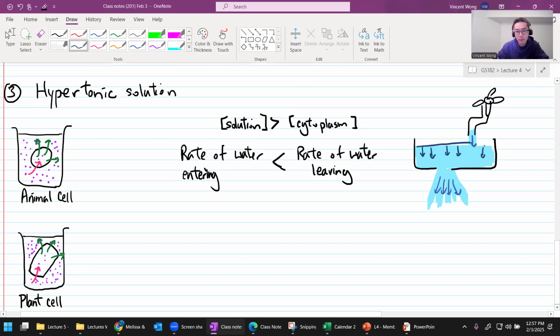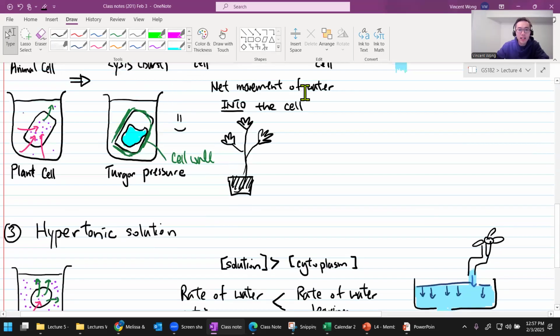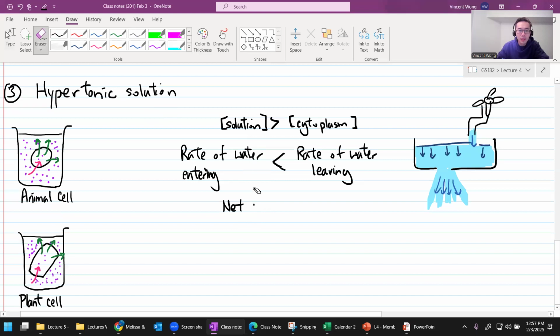Water level is going to drop. So net water, what did I say before? I try to keep it in the same language, but I keep on changing it. What did I say? Net movement of water into the cell. So here we'll say net movement of water out of the cell.